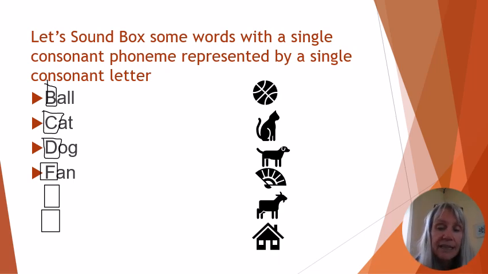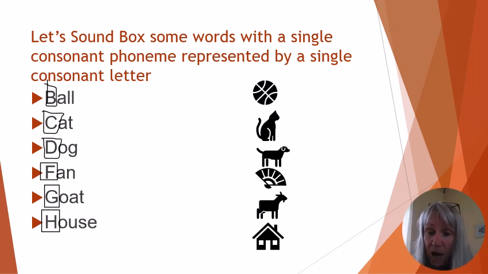So we're hearing the F sound, and we put a box around that F. In the next picture, we see a goat. We hear that G sound, and so the G represents the G sound in this beginning of our word part. So we put the box around the G. The next one is house, so we put the box around the H. These are just single consonants, so they have one box around the first letter.